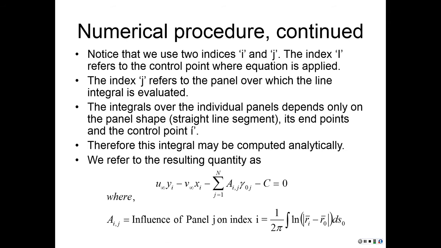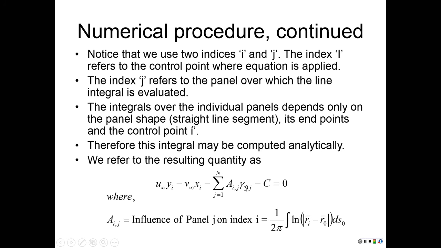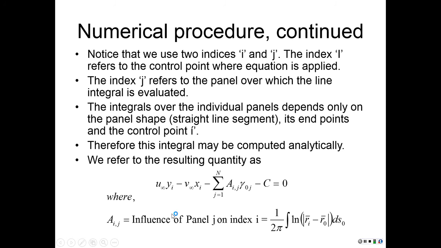So doing it that way, we get this system. Aij is the influence of the panel number J on index number I. So putting this in here, we get a nice system. If you have n panels, we get an n by n equation system. But we have n unknowns for the gammas plus 1, n plus 1 unknowns.